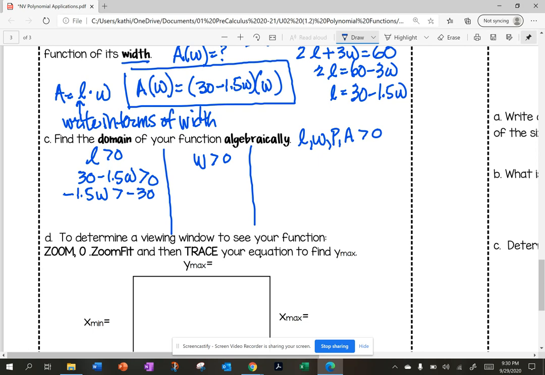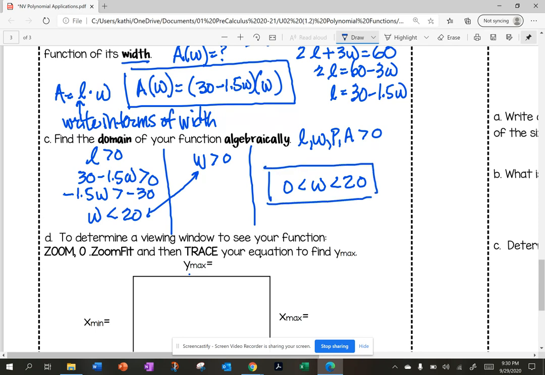When I divide by negative 1.5 with an inequality, I also have to flip the inequality. So my w is less than 20. So combining these two restrictions, I rewrite this as an inequality of 0 is less than w is less than 20. So my width is greater than 0 and less than 20.